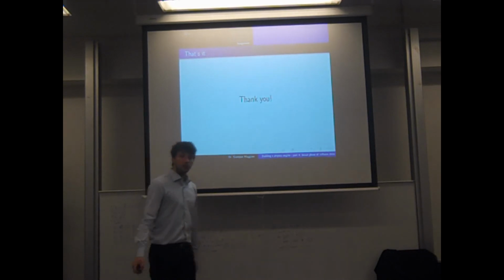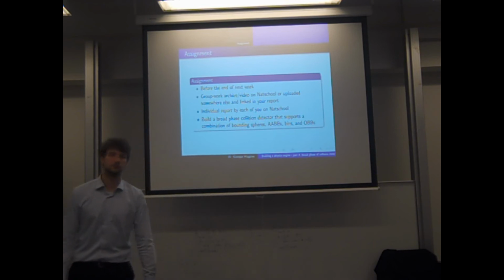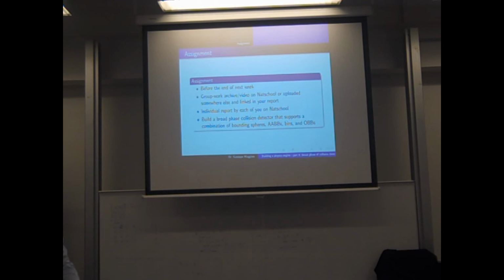What's the maximum for the assignment? Maximum for the assignment. So what would work, but is probably the most difficult to get working properly, I would say islands, bounding spheres, and either bins or the sweep test. You can have either the bins or the sweep test.